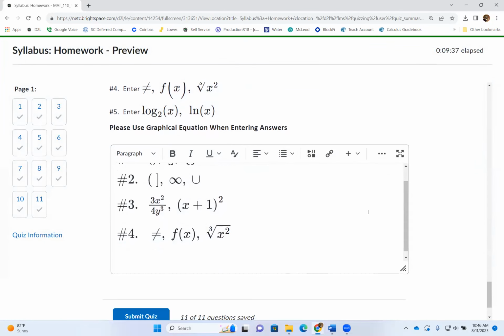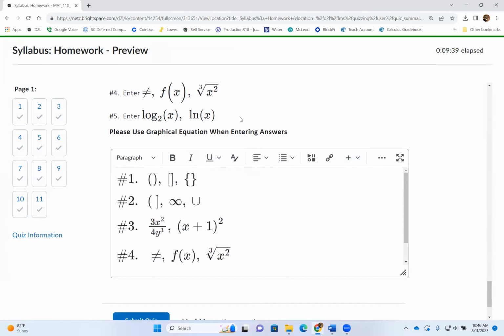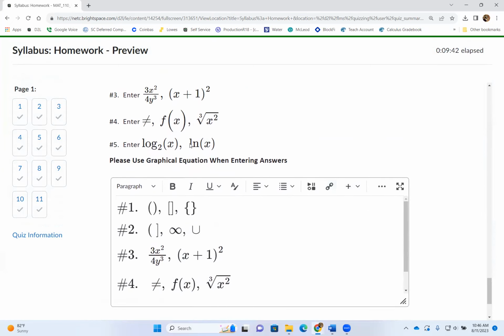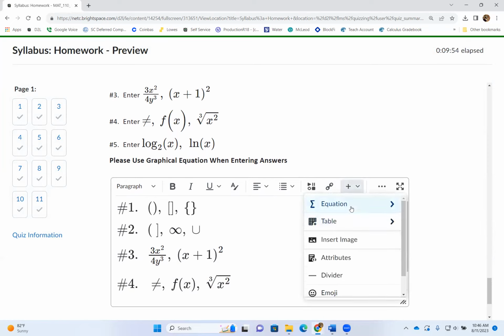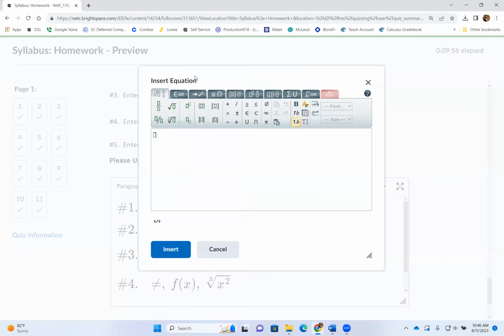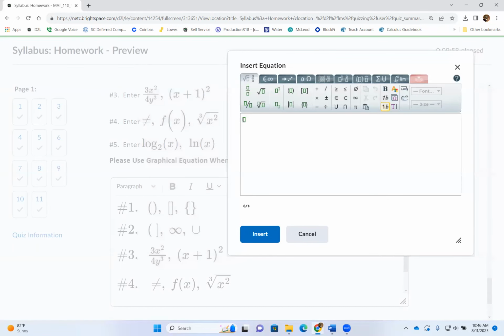Number 5 is more toward the end of the semester, okay? No matter how many times I say this, students will always enter the wrong thing. This is an L, a lowercase L, not an I. You will enter these two toward the end of the semester.